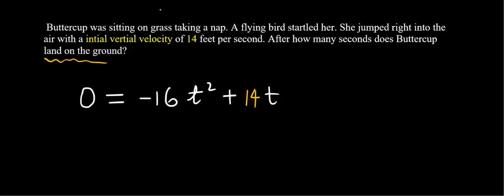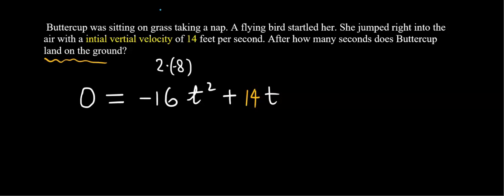Now, does this look very familiar? Something you learned from the previous video, your previous lesson. You know how to factor out the greatest common monomial factor, and then you're going to use zero product to solve this equation. Think about 16. 16 is 2 times 8. You might want to say, wait a minute, that's a negative. That's okay. So we're going to say 2 times negative 8.